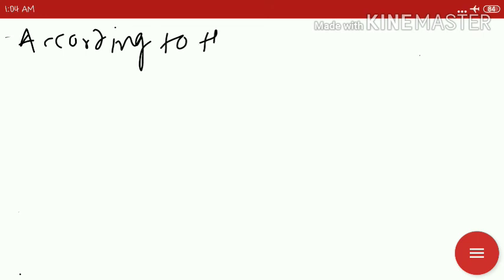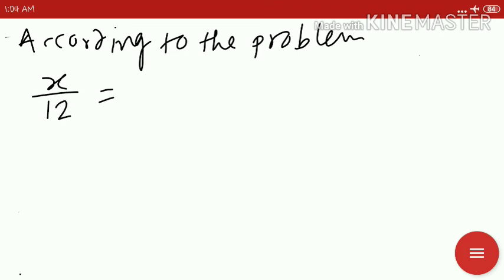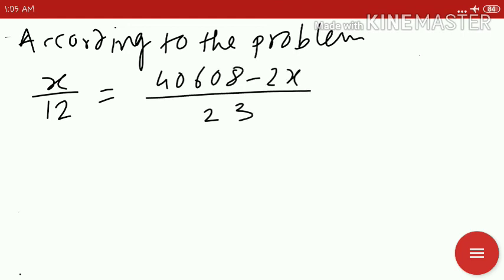So according to the problem, x by 12 is equal to 40608 minus 2x by 23.